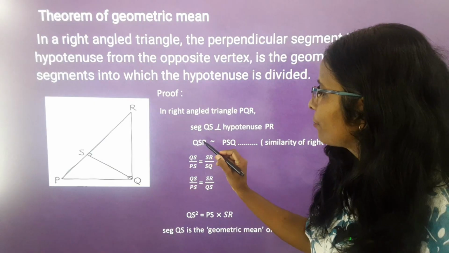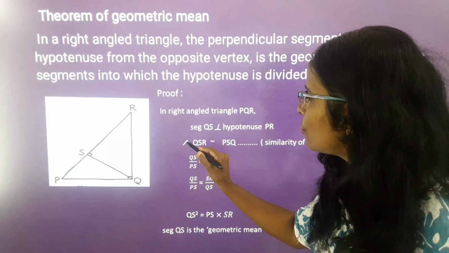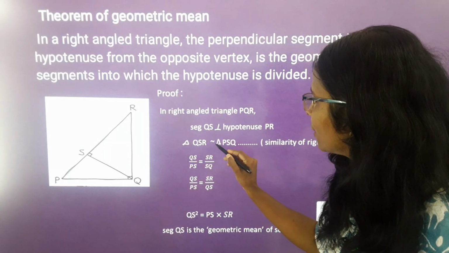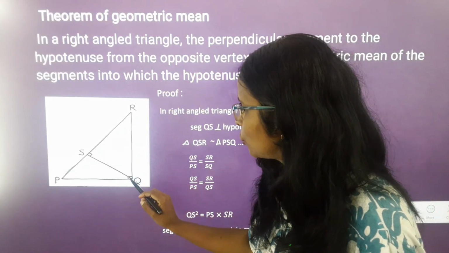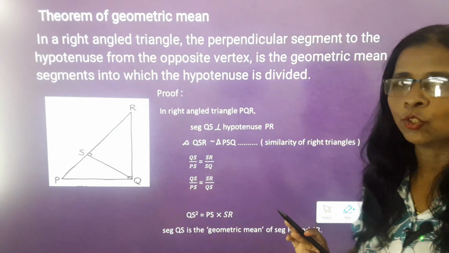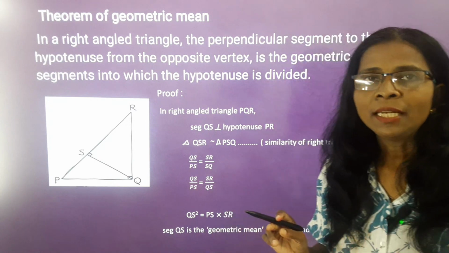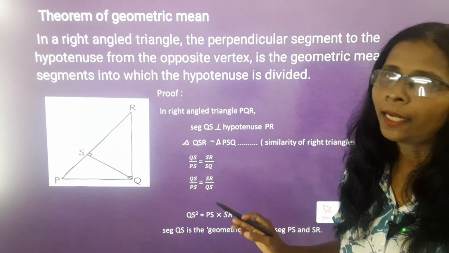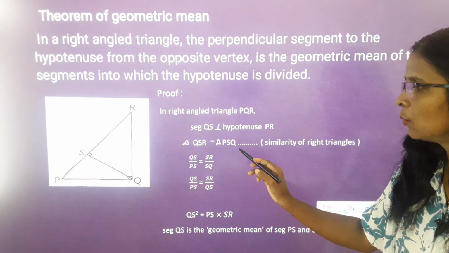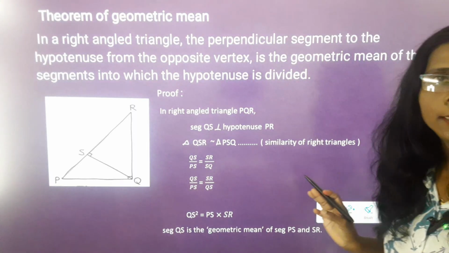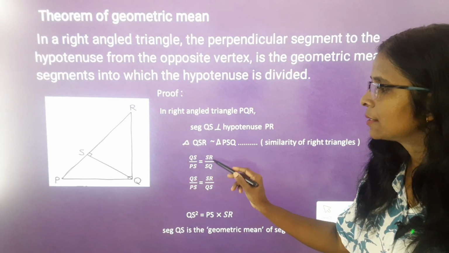Then we know that triangle QSR is similar to triangle PSQ, because these two triangles are similar right angle triangles. So by the similarity of right angles, the ratios of the corresponding sides are equal.